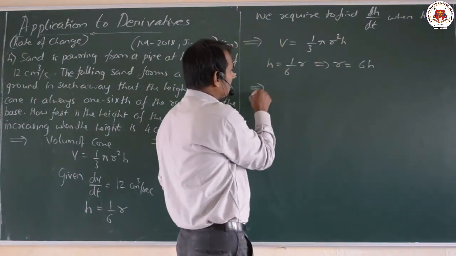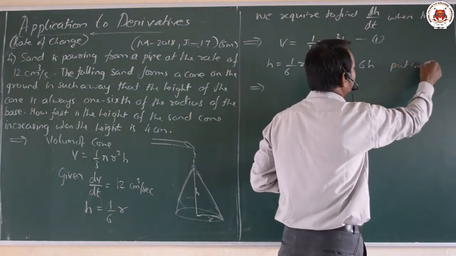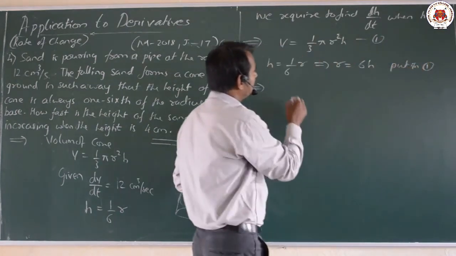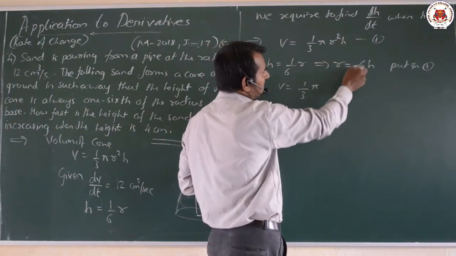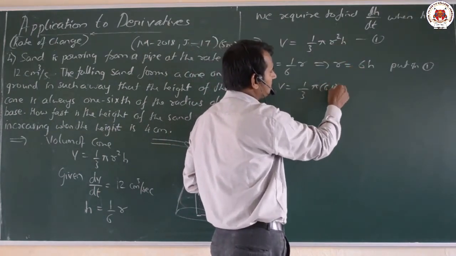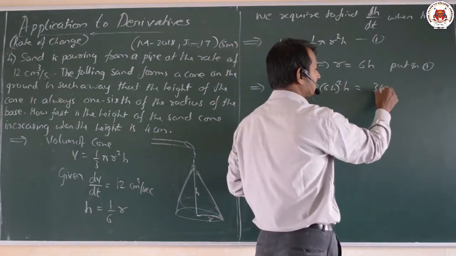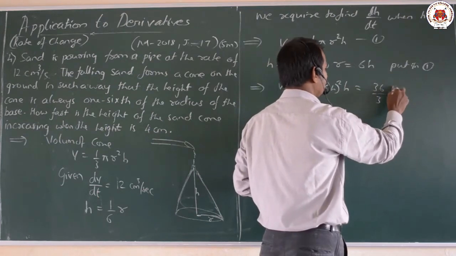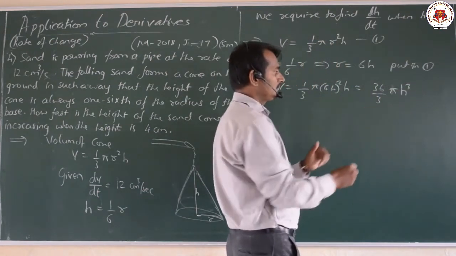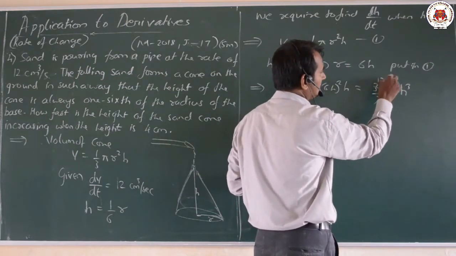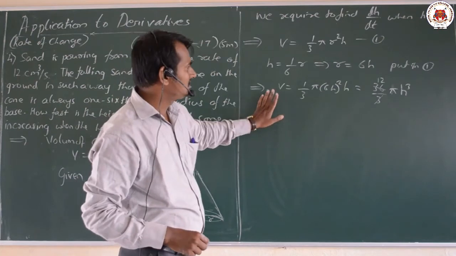So V is equal to 1 by 3 pi into 6h whole square into h. The value will be 6 sixes are 36 by 3, then pi into h cube. Three 12s are 36, that means 12 pi h cube is the V value.